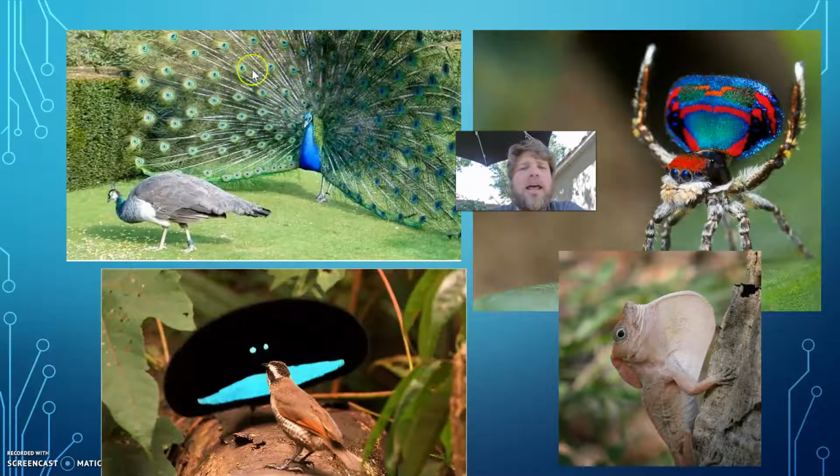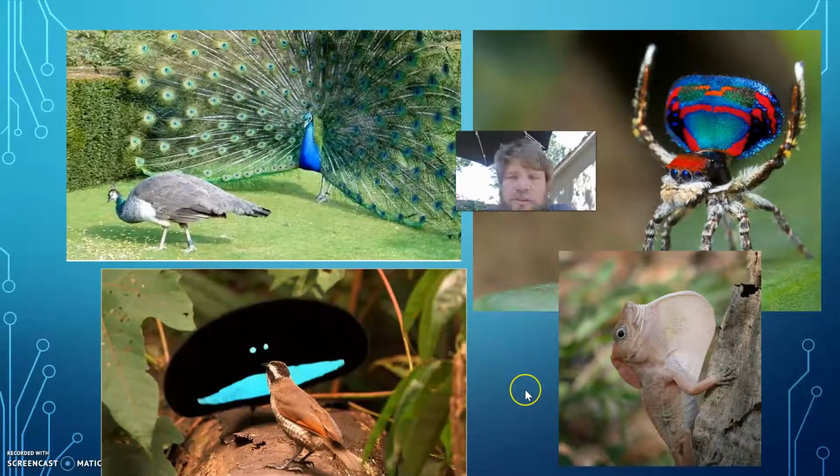More likely, these peacock feathers are to attract a female. The same with this jumping spider. This bright, iridescent red and green and blue. It's not going to help the jumping spider stalk a victim. It's going to attract a mate. And the same with this lizard and our bird of paradise again.